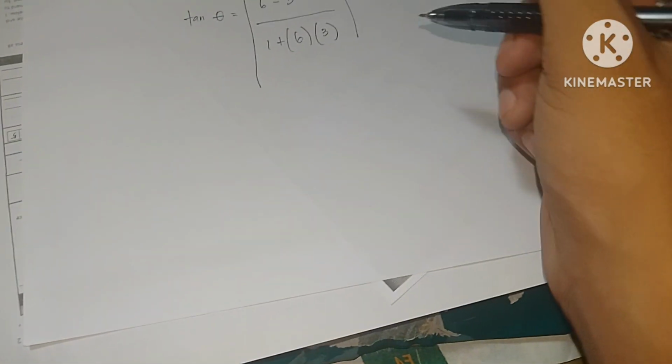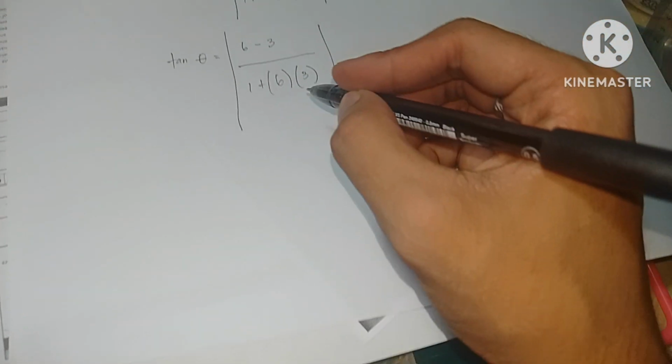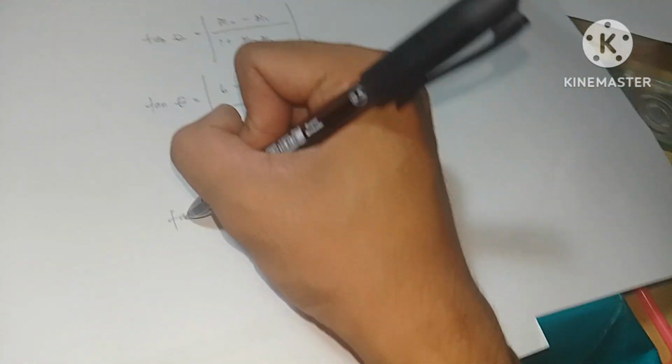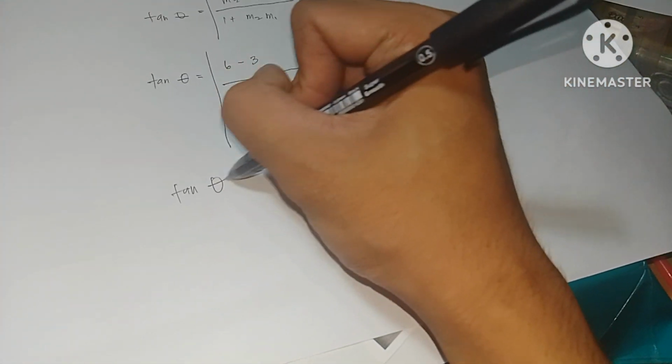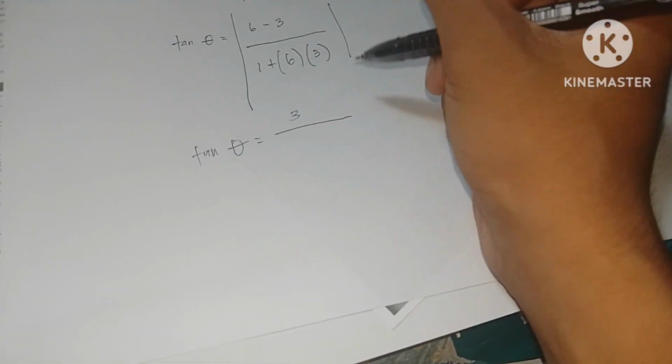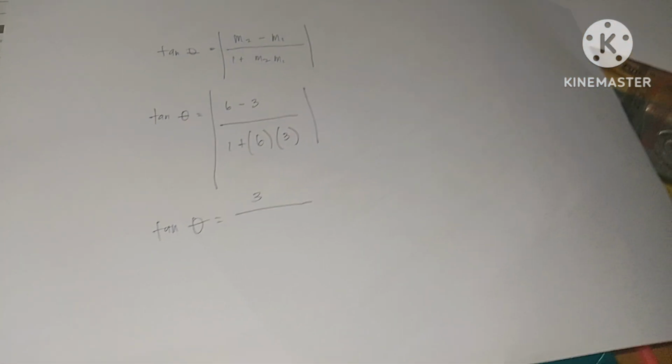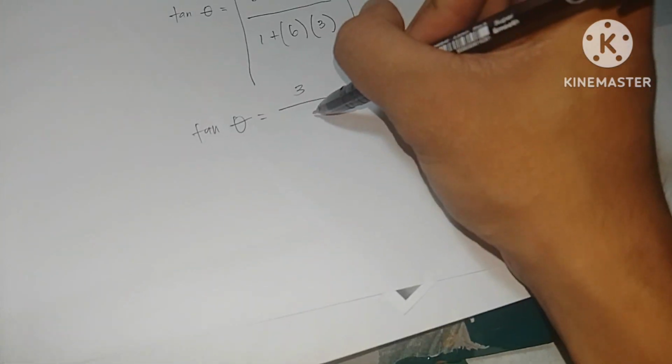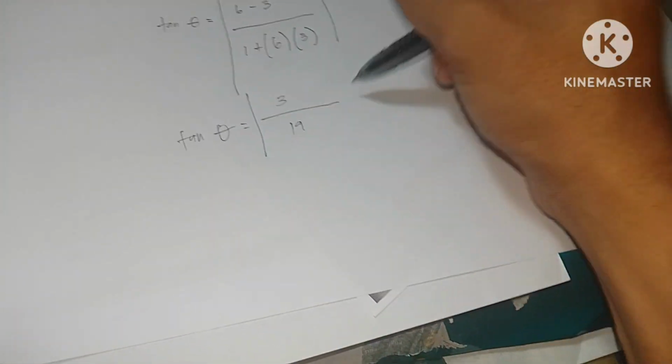So our next step is to further simplify. Tan theta is equal to 6 minus 3, which is 3, over 1 plus 6 times 3, which is 18, plus 1, so we have 19.